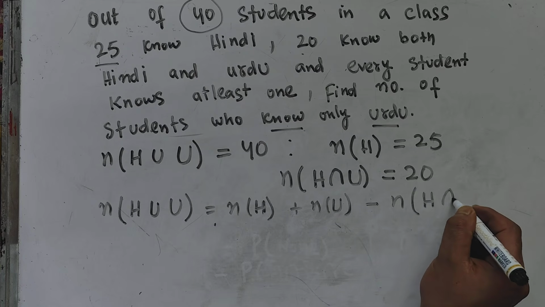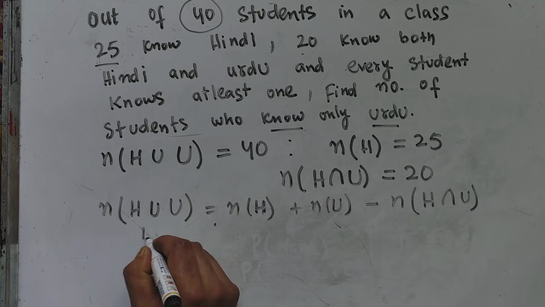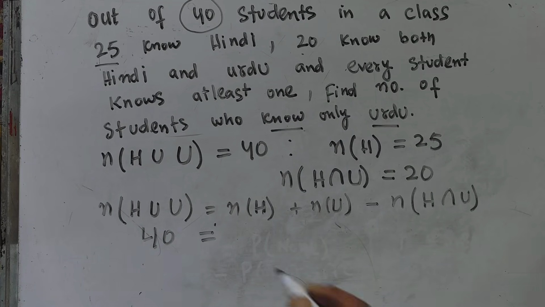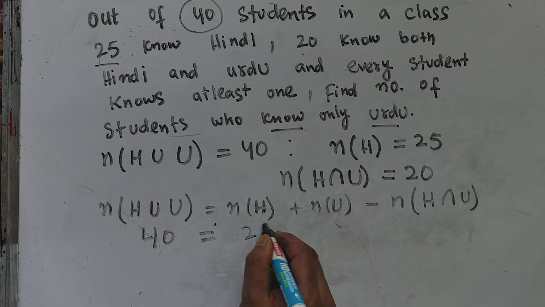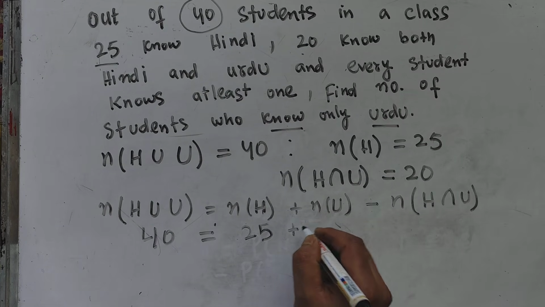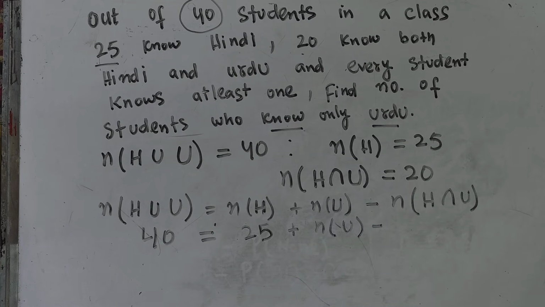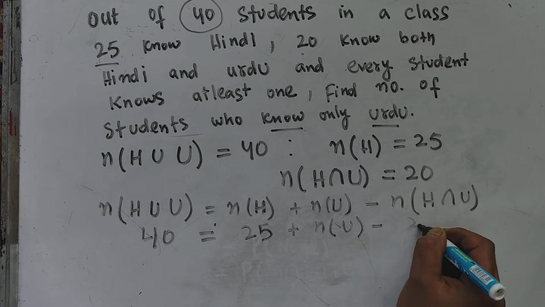This is given as 40, so we write 40 is equal to the number of students who know Hindi, 25, plus the number of students who know Urdu, which we are supposed to find out, minus the number of students who know both Hindi and Urdu, given as 20.